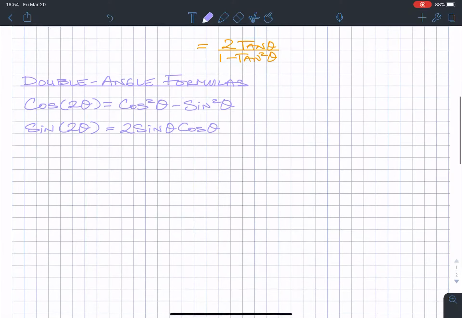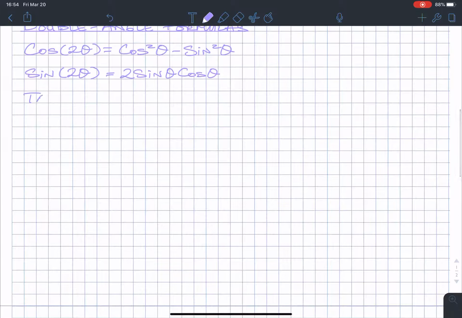And last but not least, we have that tangent of 2 theta is the quotient 2 tangent theta, so much like sine, it's got the 2, over 1 minus tangent squared theta, so much like cosine in the denominator, it has a square.